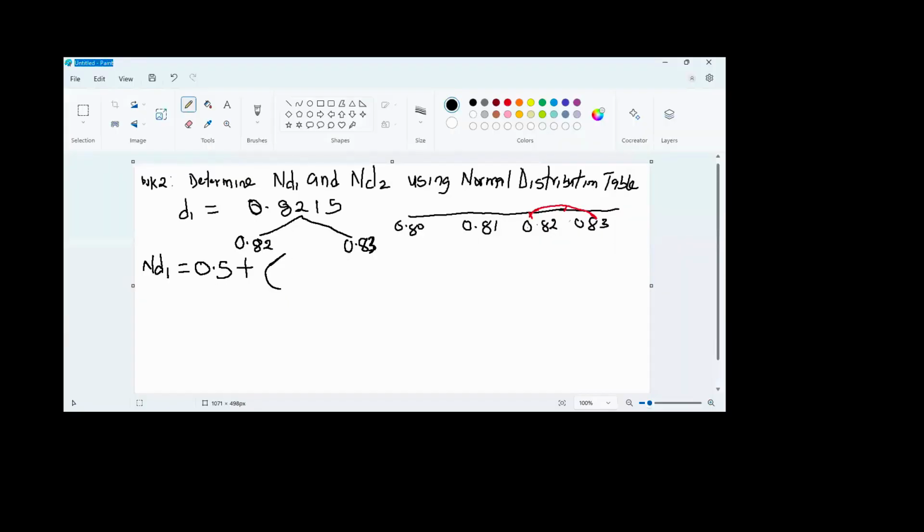That will give us 0.2939. Then add plus again. We have checked 0.8 under 2, and that gave us 0.2939. I'm left with what, please? I'm left with these two figures, 1.5.